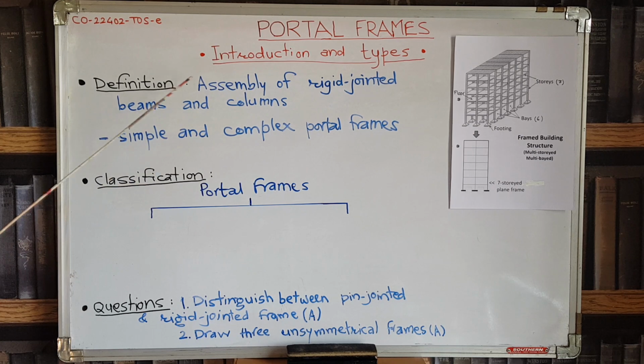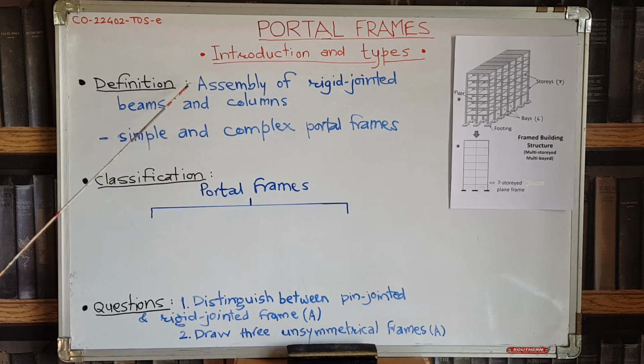We will understand this definition in greater detail now. First thing, it is an assembly of beams and columns. You know that a beam is a horizontal structural member supported on vertical structural members called columns. So beams are supported on columns. Beams are horizontal, columns are vertical. Both of them are straight and usually they form a rectangle.